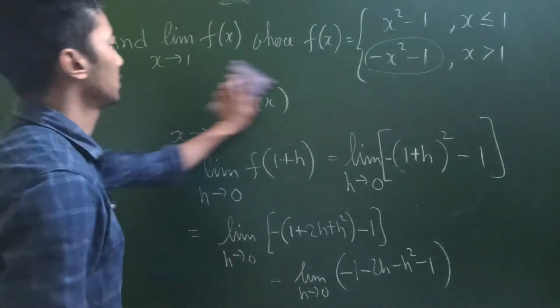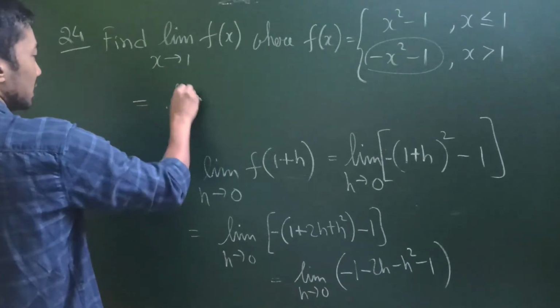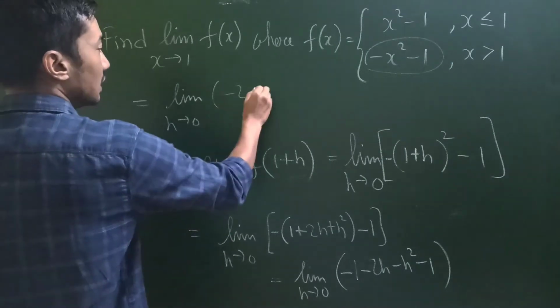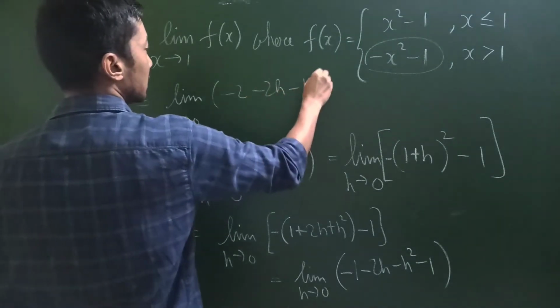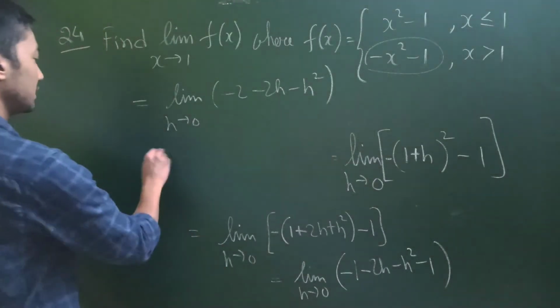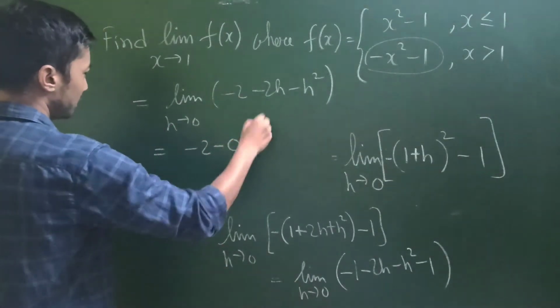So I'm going to rub this off. So that will be limit as h tends to 0 for the function minus 2h minus h squared. Then I can just substitute the value of h. So that's going to be minus 2 minus 0 squared, that is 0.